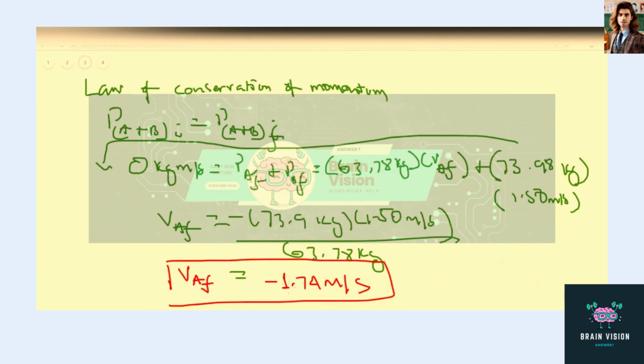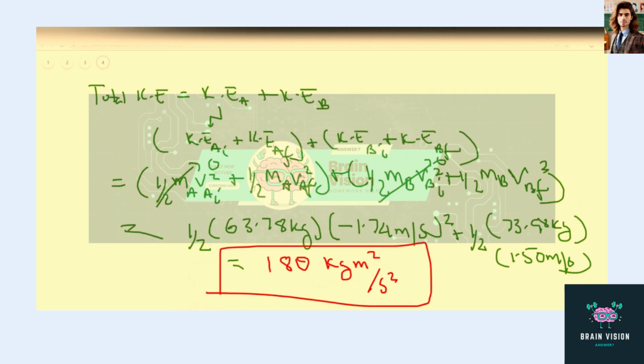And then once you get the momentum, you equate the initial momentum to the final momentum according to the law of conservation of momentum. That helps you solve for the final velocity of A. Once you get the final velocity of A, you just plug in and get the total kinetic energy. Remember, this minus changes and becomes a plus, so that's why the kinetic energy is positive.